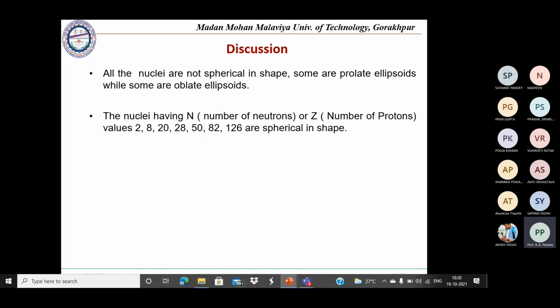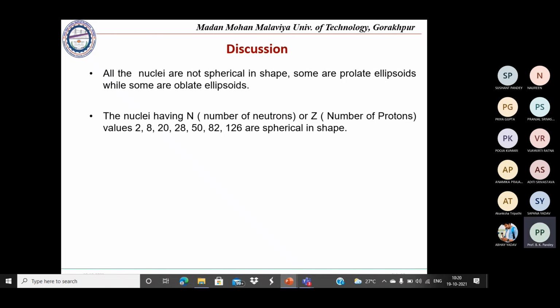The nuclei having N number of neutrons or Z number of protons with values 2, 8, 20, 28, 50, 82, 126 are spherical in shape.